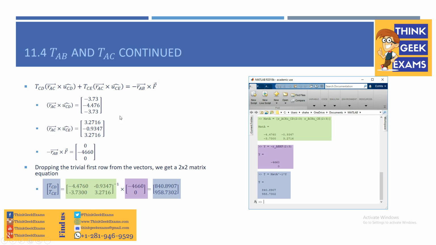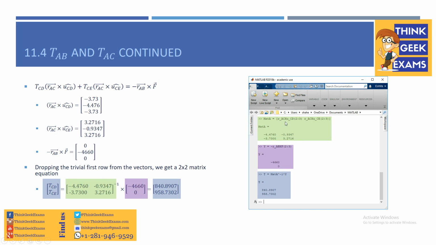We dropped the first row and we created a matrix out of the second and the third numbers of the first two vectors, and basically that is our matrix. This is minus 4.476, that's that one, minus 3.73, that's that one, and minus 0.93, that's that one, and 3.27, that's that one. This is the vector we created, and this is the right hand side over here, and that's minus 4660 and 0. This is our y vector that we call it.